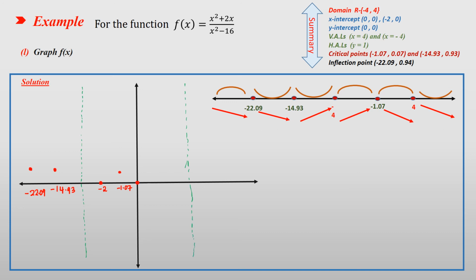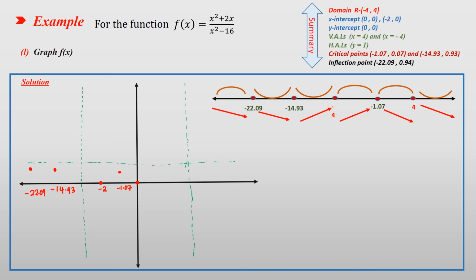This is the second vertical asymptote line. Then we have y equals 1 as the horizontal asymptote line.